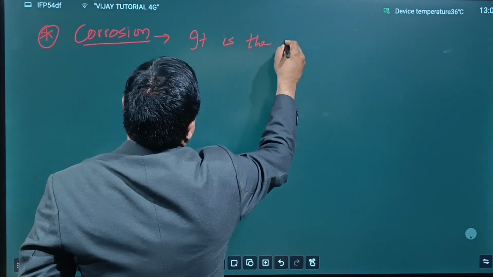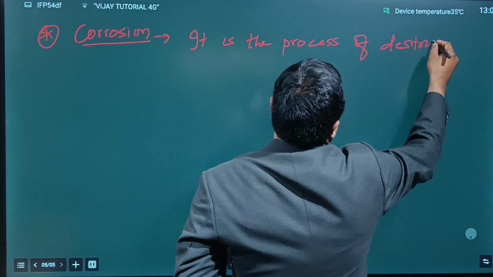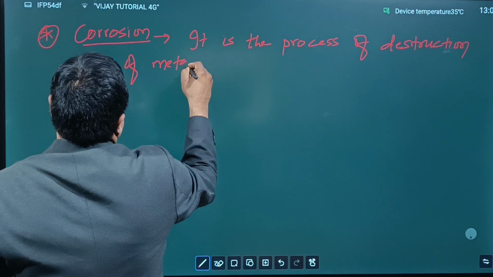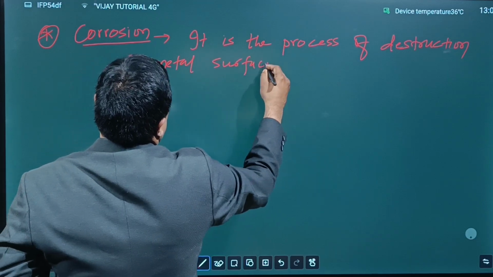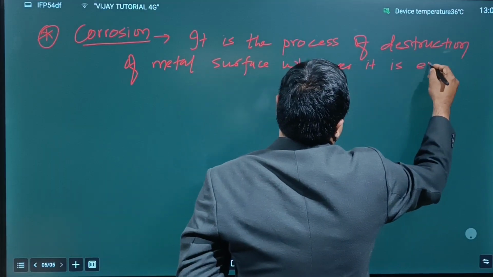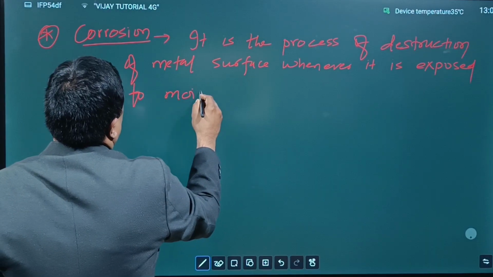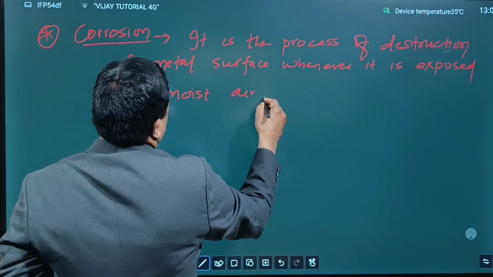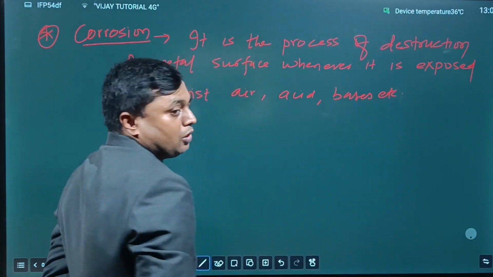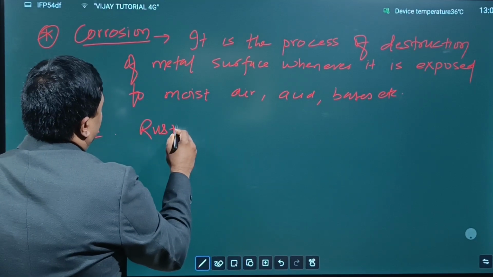It is the process of destruction of metal surface whenever it is exposed to moist air, acid, bases, etc. For example, rusting of iron is a very good example.